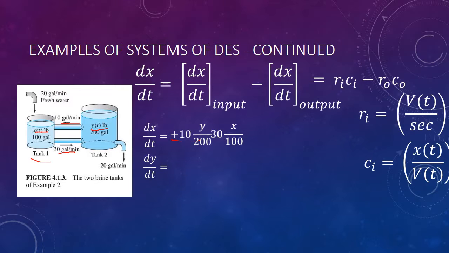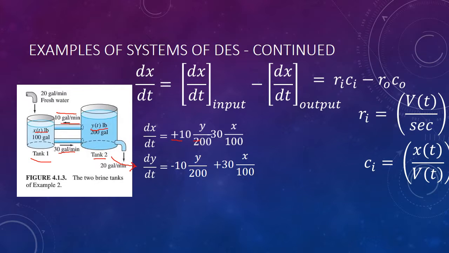So now I got to do my Y, my change in the pounds of salt in tank 2. So this is tank 2 equation right here. So I need to know what's going in or what's going out. Let's start with what's going out. So I have this term going out of tank 2 at 10 gallons per minute and at this concentration.